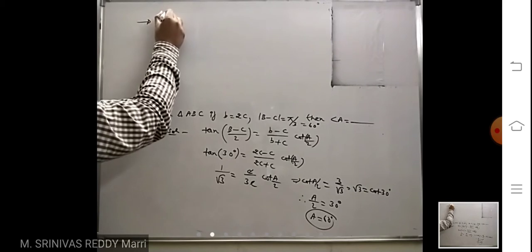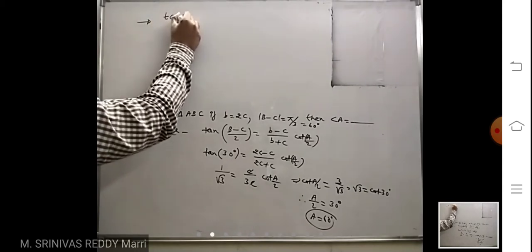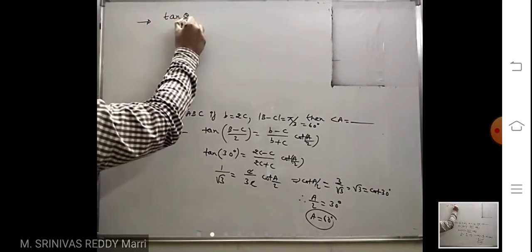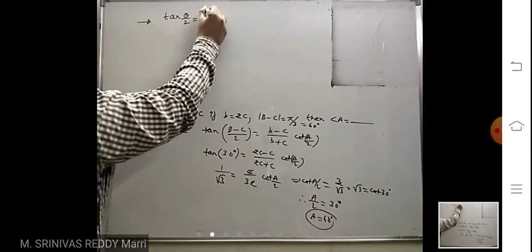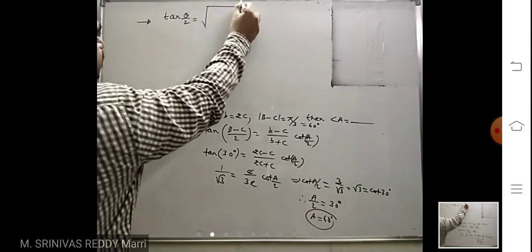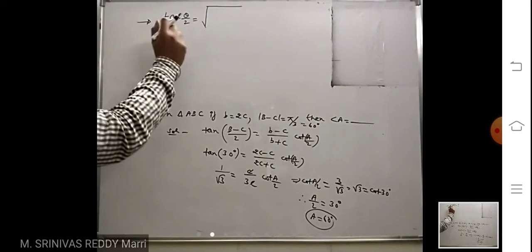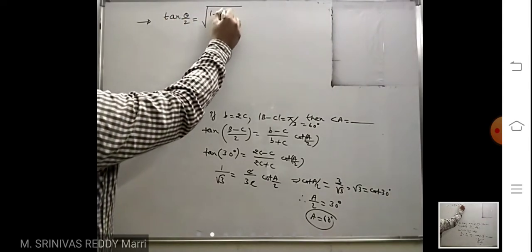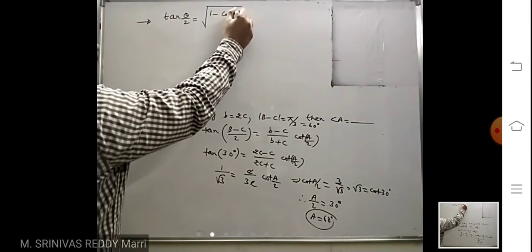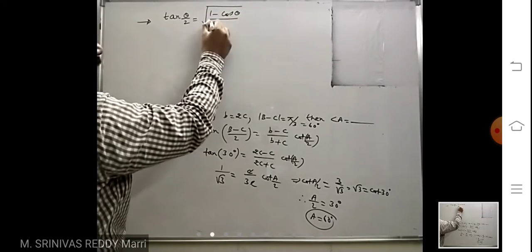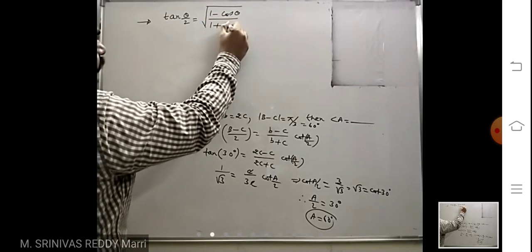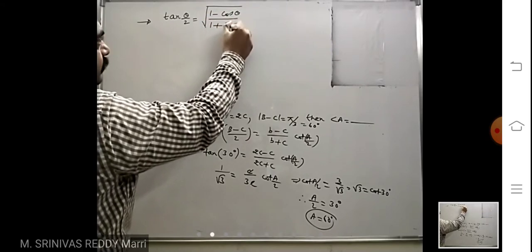Okay, the formula is for tan theta by 2. Whenever tan theta by 2 appears, you can write it as the root of 1 minus cos theta divided by 1 plus cos theta.